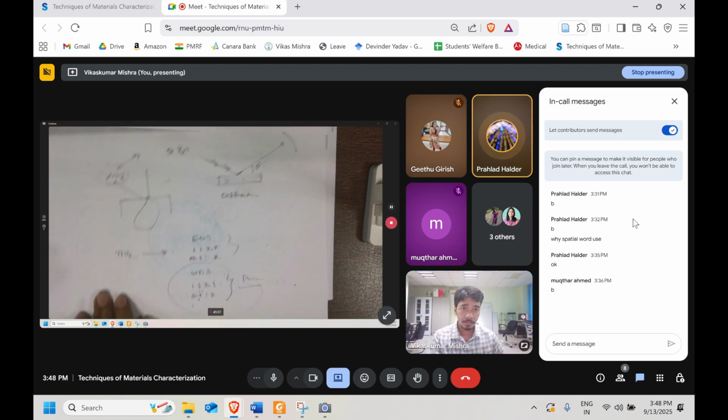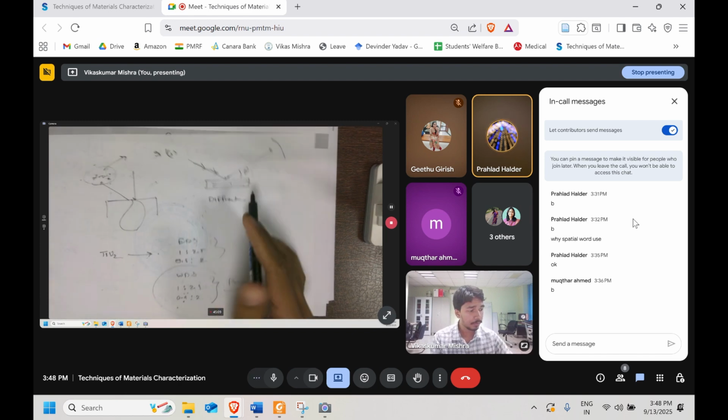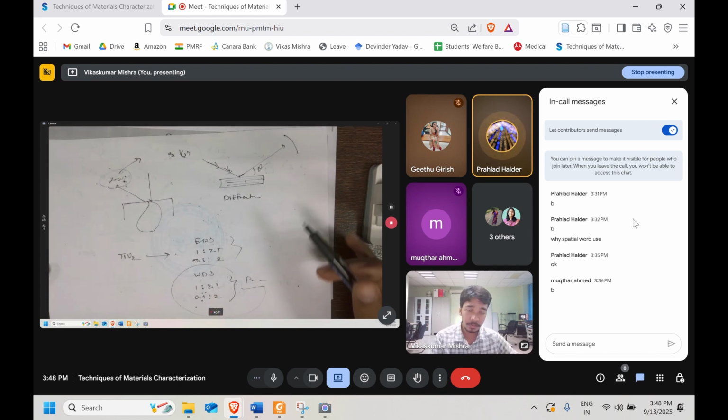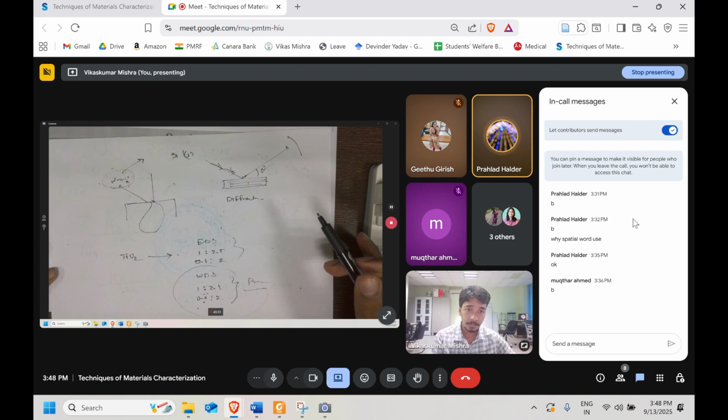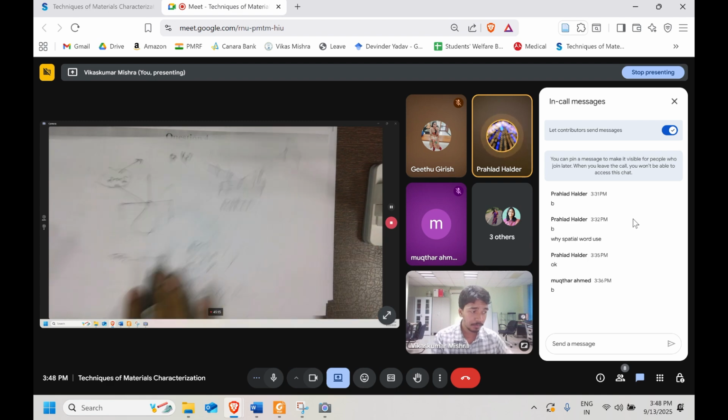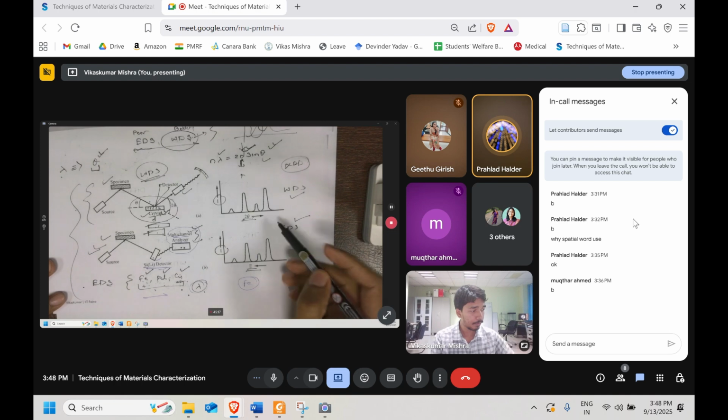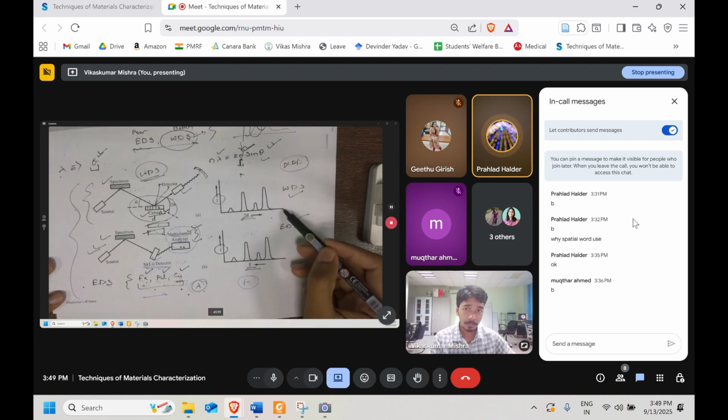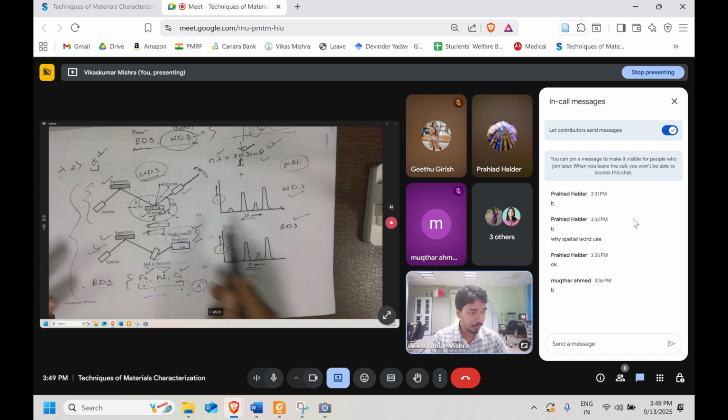Here, if you see in EDX, we'll get the peaks, correct? Yes, we get the elements. In WDS, how will the data come? It will come as an XRD pattern, correct? Yeah, it will be more or less like that because you will have intensity and 2 theta.